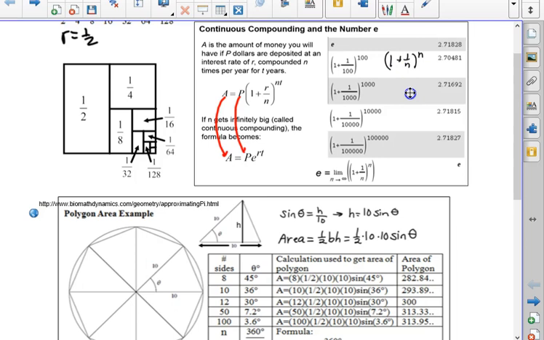And we found out on your worksheet that if we took bigger and bigger values and put them in for n, so here I'm putting 100 in for n, here I'm putting 1,000, here I'm putting 10,000, 100,000, as n gets bigger and bigger, the number that this quantity equals turns out to be the number e, which is 2.71828, on and on for infinity, an infinite number of decimal places. So we say e is the limit as n goes to infinity of 1 plus 1 over n to the nth power. So there's another example of a limit.